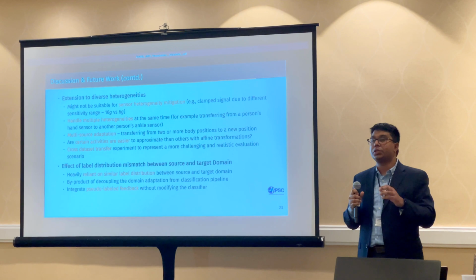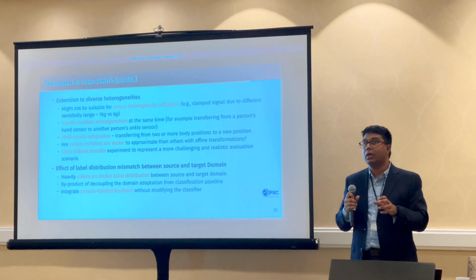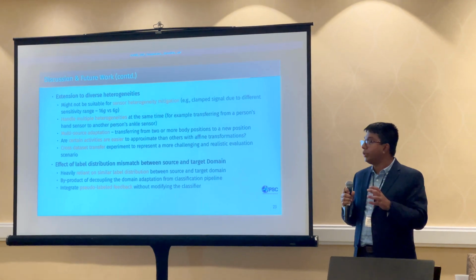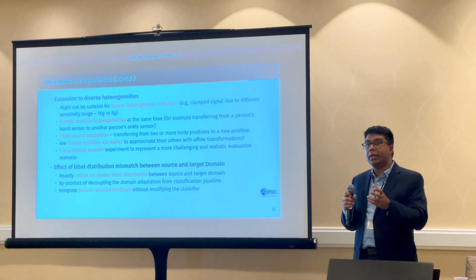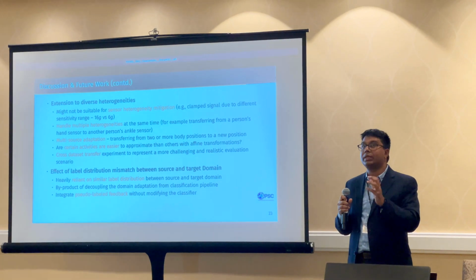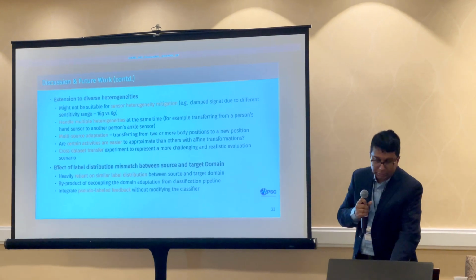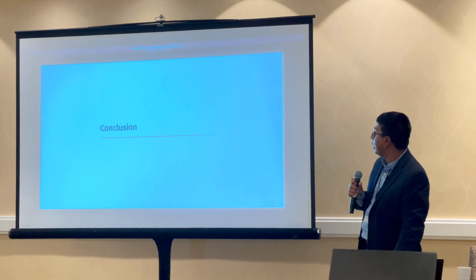If the label distribution is widely different, we expect our network to fail. One way to go about it is to use pseudo labeling or some other mechanism to provide feedback to the classifier, but that would defeat the purpose of having a decoupled classifier. So I think that's all about it.